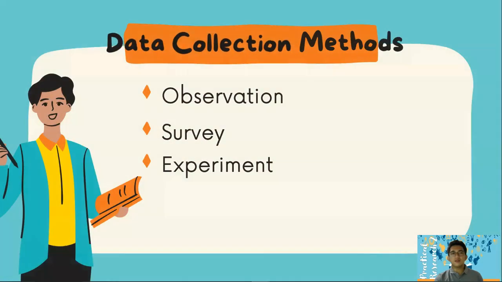There are 3 common data collection methods that we may discuss, that we are able to use in collecting our data. Number 1 is observation. Number 2 is survey. And number 3 is experiment.